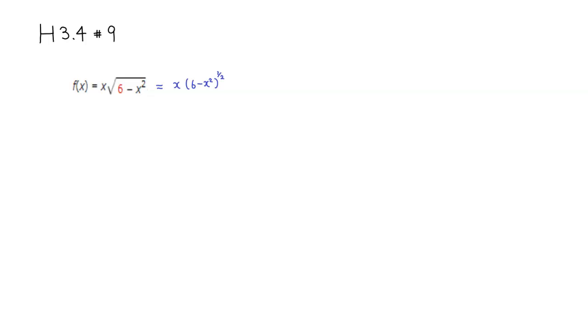Since it's a multiplication, we're going to use the product rule. x is the first guy, so the rest of it is the second guy.